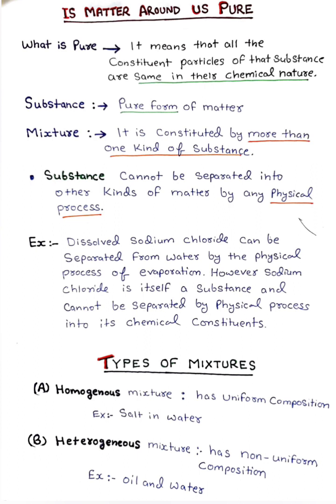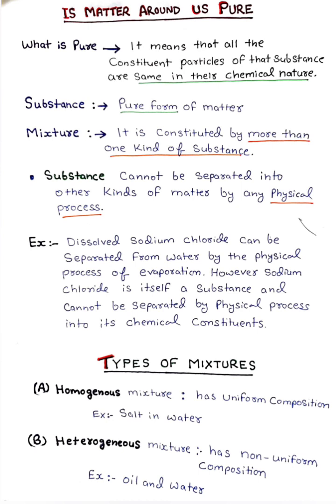Mixture. It is constituted by more than one kind of substance. A mixture contains more than one kind of substance. A substance cannot be separated into other kinds of matter by any physical process.